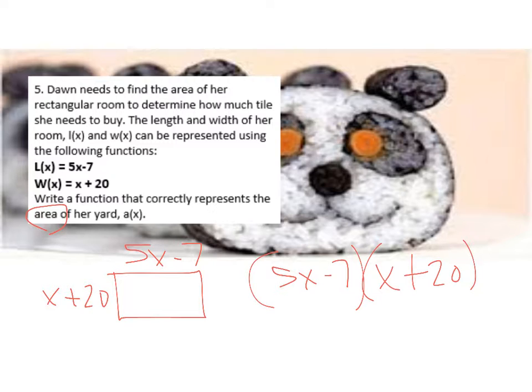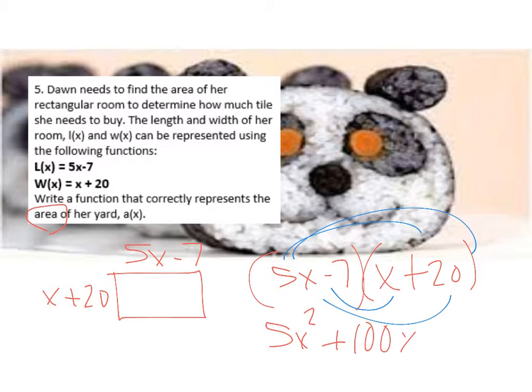We have a binomial times a binomial, so we're going to do a little FOIL. Of course, when we do that, we are multiplying. So 5x times x is 5x squared. 5x times 20 is 100x.